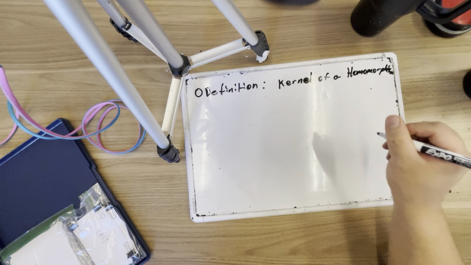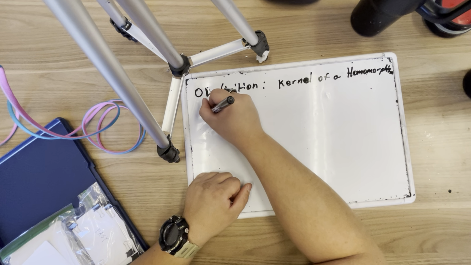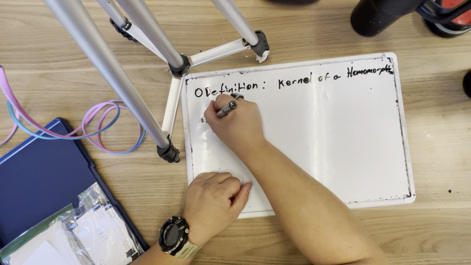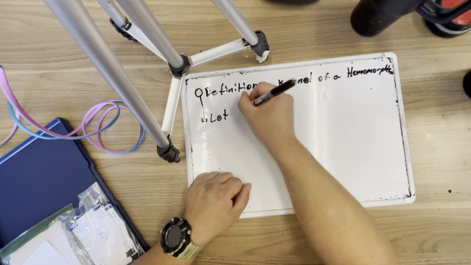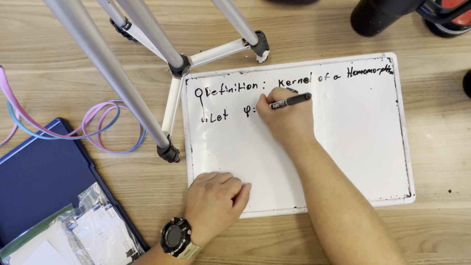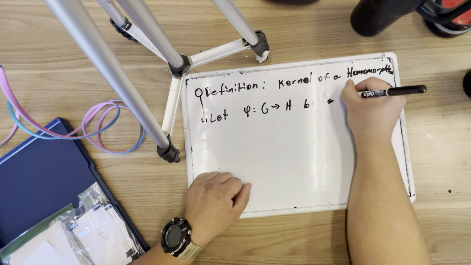Suppose we let phi be a map from G to H, a group homomorphism.